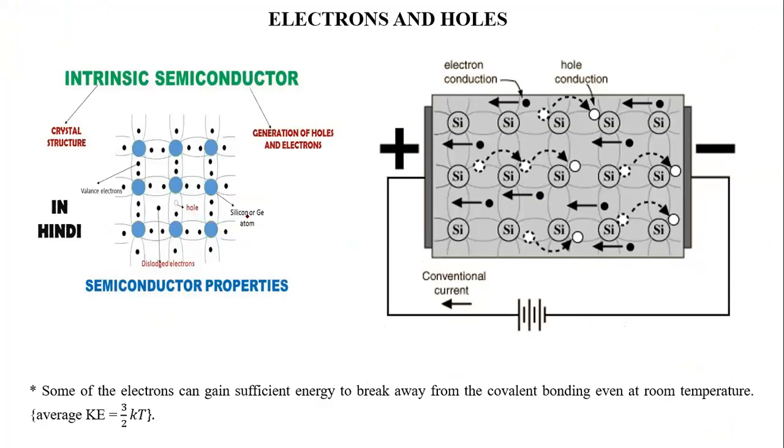This is a silicon or germanium crystal, a group 4 element. In a group 4 element, we have 4 valence electrons.